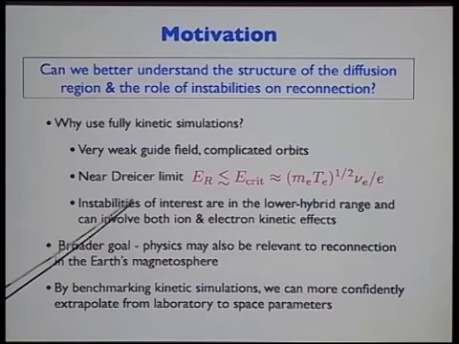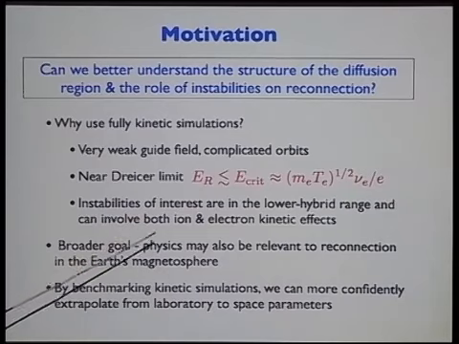If you look at the reconnection electric fields in the experiment, they're typically comparable to the Dreicer runaway limit, usually a little bit on the lower side of it. Again, fluid closures are not going to be very good as you approach the Dreicer limit. You really need kinetic mechanisms to self-consistently take over.